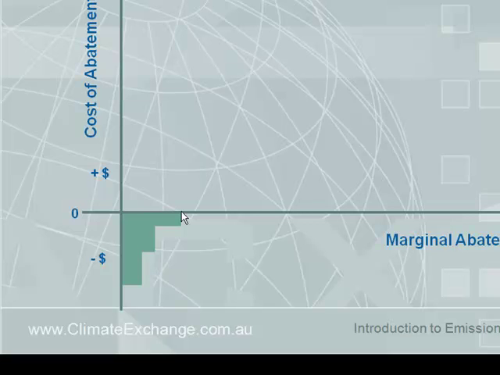until we get to a point here, which is what we call the no regrets point. Logically, you would do all these abatement options to the left of this point, even without a cost of carbon. But beyond that point, we need a market price or some kind of price signal which would mean that it makes sense for us to do any more abatement.